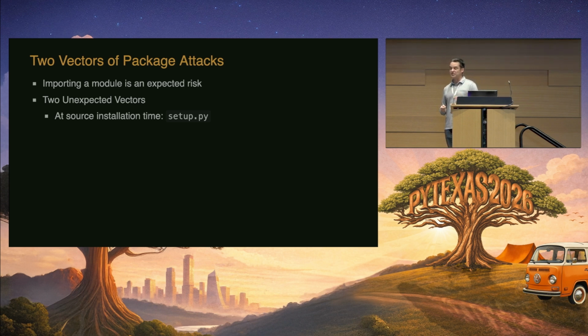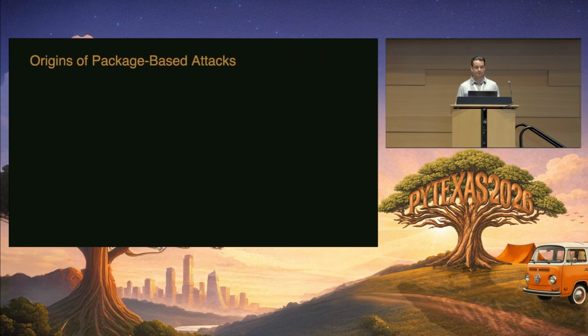Under various scenarios, setup.py will be run, and that leads to potentials of malicious code being run on your system. Secondary and less well known is at interpreter start time. Using a bundle of routines that happen under site.main, and we'll explain this, a number of things can happen at interpreter start time that can execute malware, and we'll see how these work as we go on.